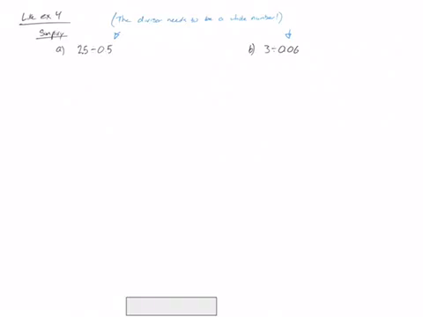Now, notice here, our divisors, the numbers on the outside, are not whole numbers. They're decimal numbers. And so we're going to have to actually change those a little bit in order to be able to divide them. Because if we started to divide this, we would end up with 2.5 divided by 0.5.